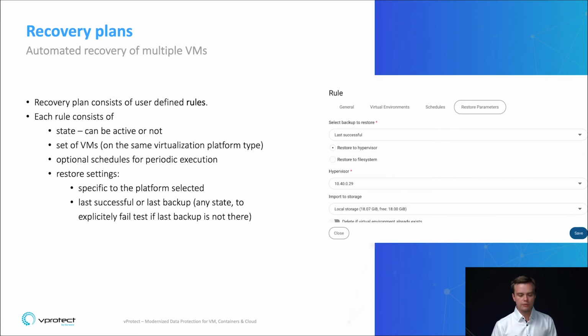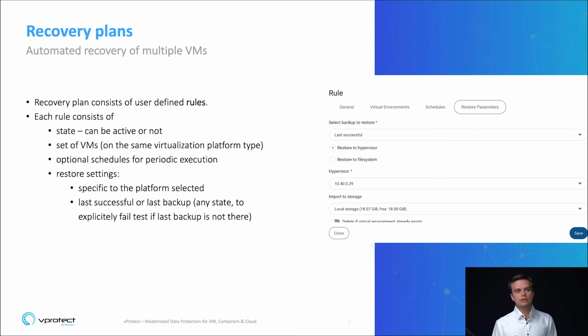In our case, we would like to take the last successful backup and restore it to some hypervisor and a specific storage. Optionally, you can assign schedules, so it doesn't really have to be an on-demand recovery plan whenever your actual disaster happens. So that's one scenario.